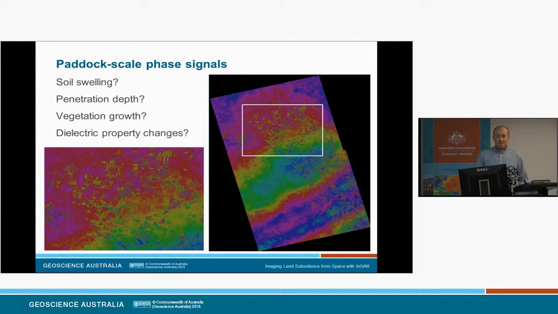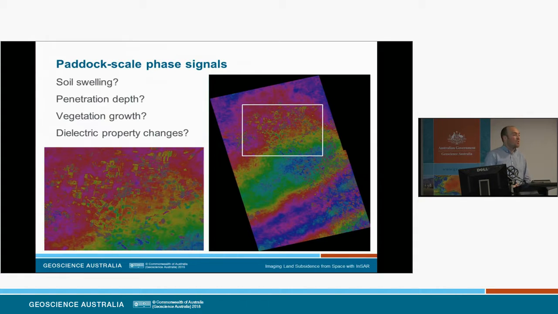In the Surat Basin, a lot of agricultural activity is ongoing as well. You can see through this interferogram there's some very small scale fluctuations in the phase, which actually align very closely to paddock boundaries. And the community has for a long time not really known what the cause of these signals are. The initial thought was that it's due to actual physical deformation due to soil swelling in the paddocks themselves. But could it also be that there's penetration differences of the radar signal into the soil surface?